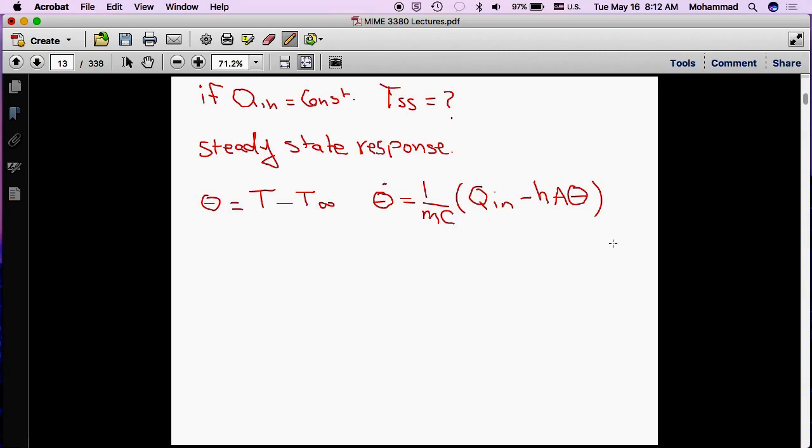If that is the case, what does this model show? The model shows that theta dot is going to be negative. Now, theta decreases until what happens? Until, look at the model.